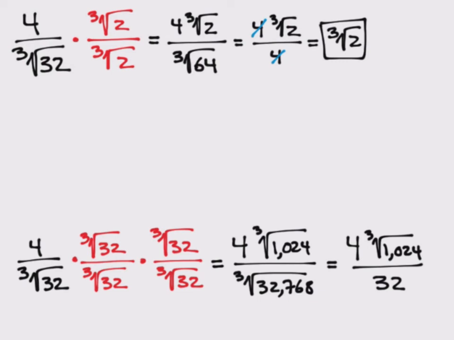There is one more way we could have handled this original problem. Note that in a denominator, we're taking the third root of a pretty big number. And so that's why it was kind of daunting. But note, we could actually have simplified the third root of 32 to begin with.